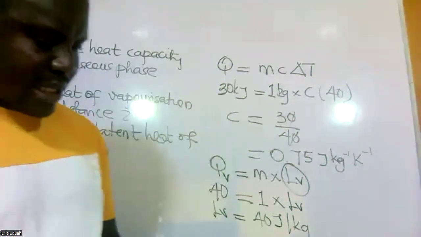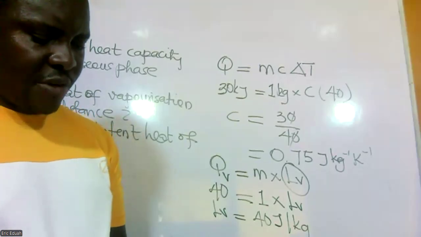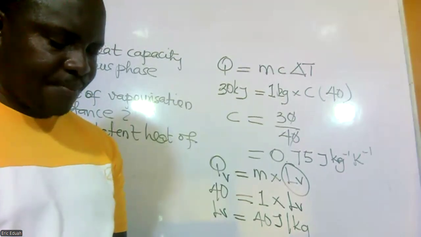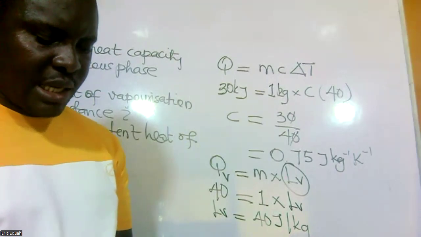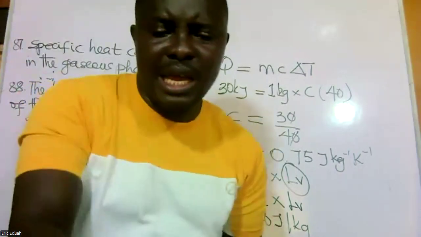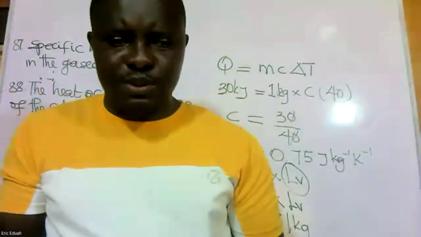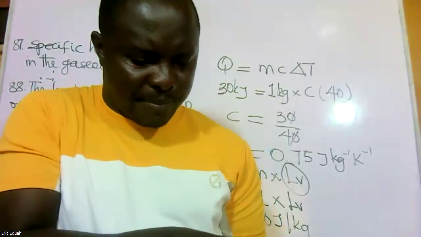Now, when you look at solid, let's go through the graph from solid. Then change of state from solid to liquid begins. So wherever you see a zero gradient line, no slope, it means change of state is happening there.